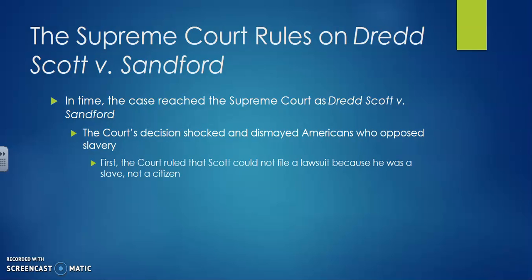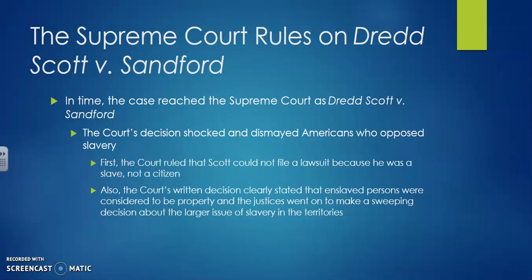However, the Supreme Court thought differently. First, they will rule that Scott could not file a lawsuit because he was a slave, not a citizen. In the court's understanding of the Constitution, only citizens can file lawsuits against one another. So that's the first thing. Dred Scott is not a citizen of the United States, therefore he cannot file a lawsuit.